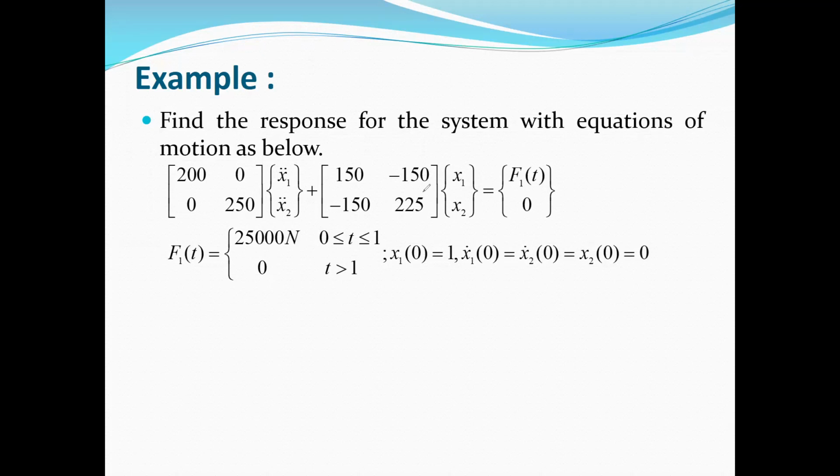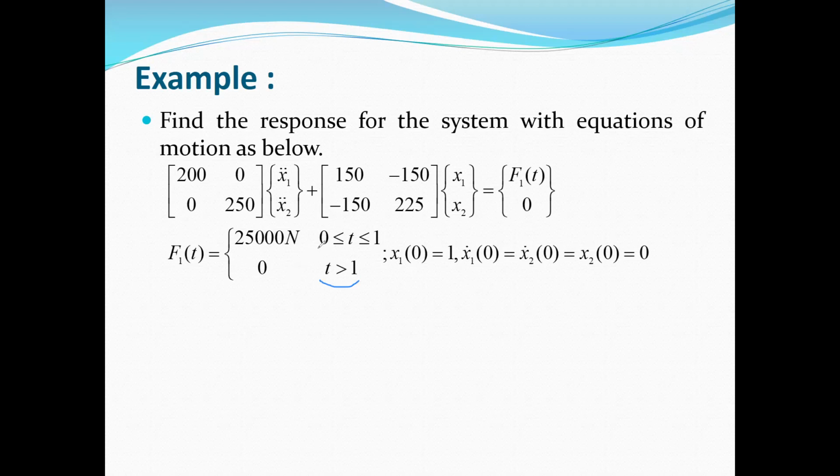There is no damping in the equation of motion, and we have the external force, which is 25 kilonewton for t between 0 and 1, and after t more than 1, or after 1 second, the external force is 0.